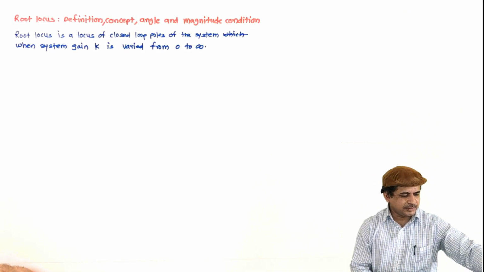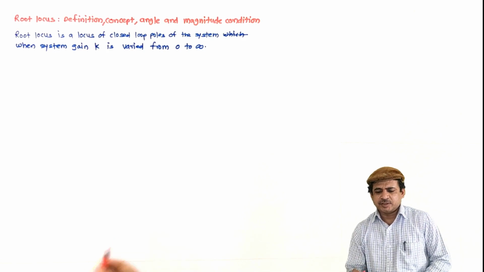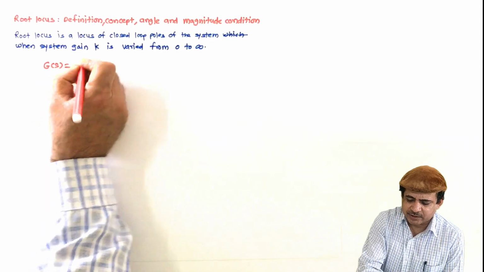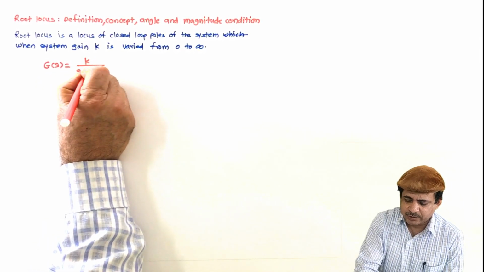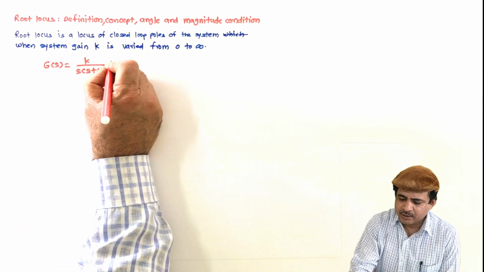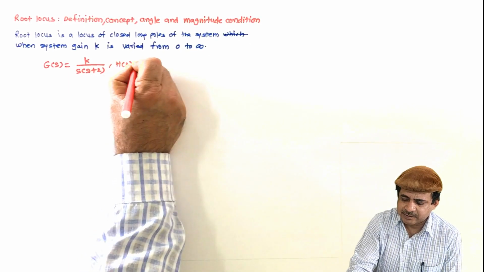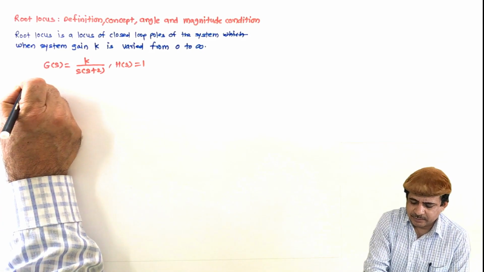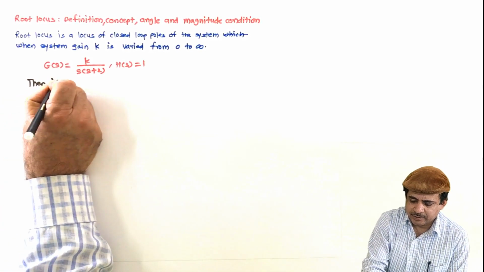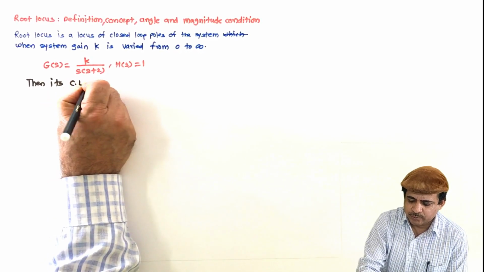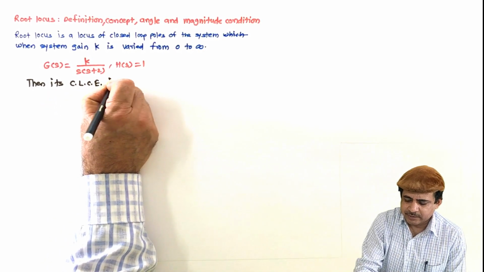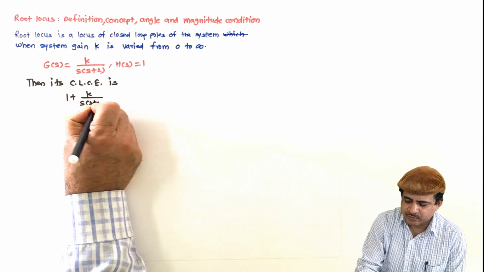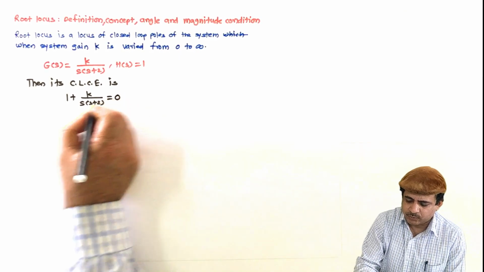So, let us have some elaboration. For example, we have a system with open loop transfer function k upon s into s plus 2 and h of s equal to 1. Then its closed loop characteristic equation is 1 plus k upon s into s plus 2 equal to 0.